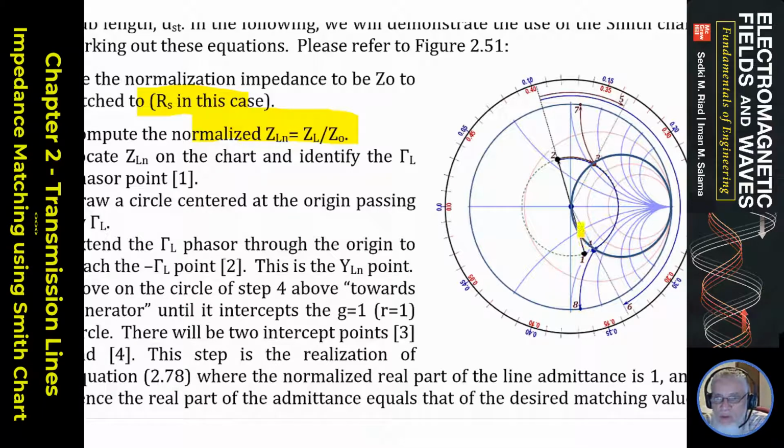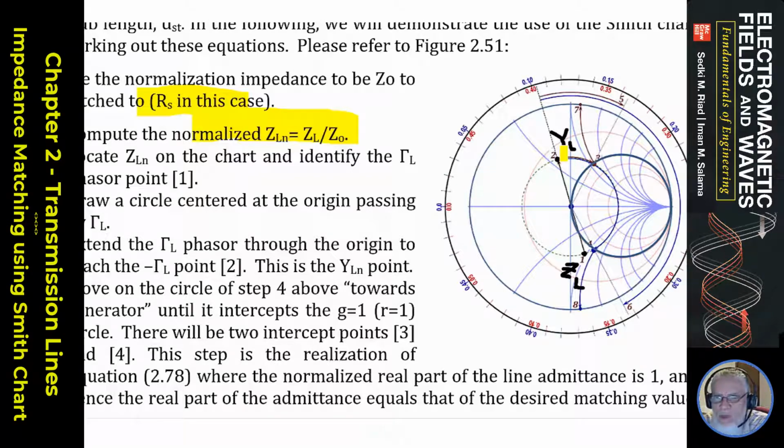So we go opposite to the other point, a mirror image across the origin on a constant gamma circle, rotate 180 degrees, and you get the admittance right there. So if this was Z sub L, this is Y sub L, normalized obviously. So we got Y sub L.